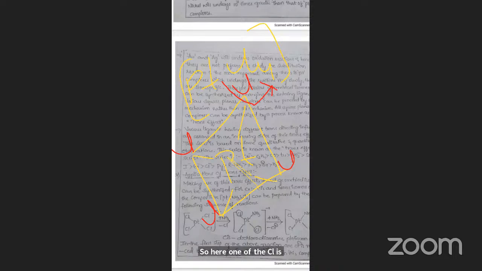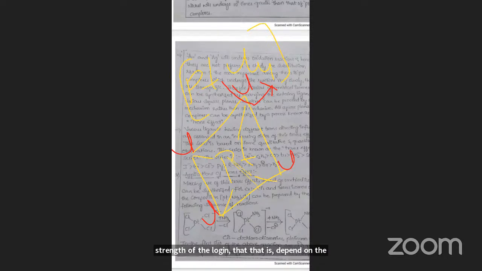That is the incoming ligand. So here there is the trans effect series. In this reaction mechanism, sometimes cis is the major product, or sometimes trans is the major product. That depends on the strength of the ligand, and that is known as the trans effect.